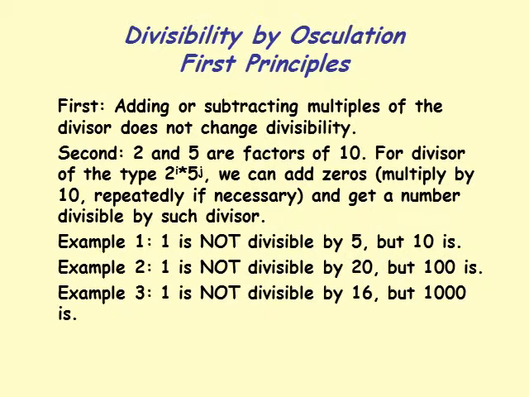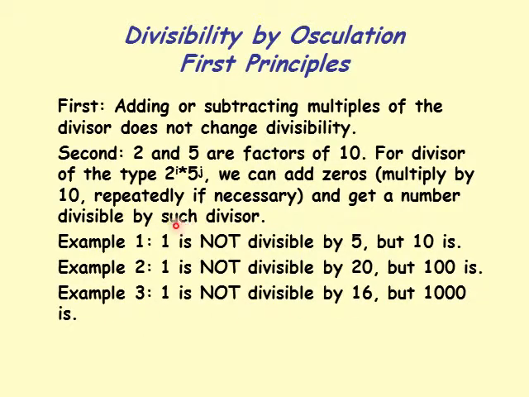Another example. 1 is not divisible by 16. 16 is 2 times 2 times 2 times 2, but 1000 is. So 1 is not divisible, but I can multiply 1 repeatedly if necessary by 10 to get a 1000, and that's adding 3 zeros at the right. But 1000 is divisible.